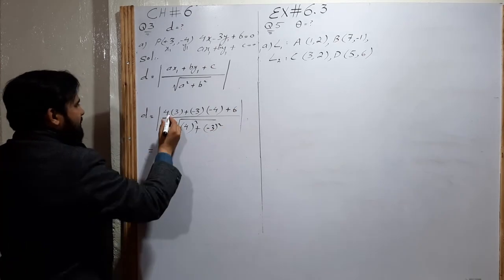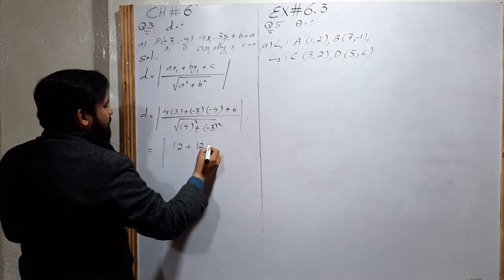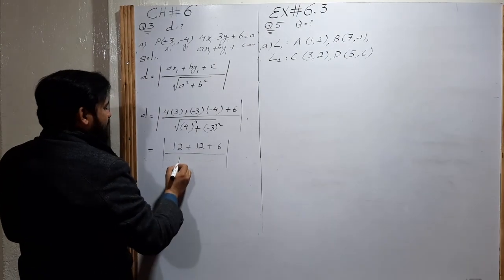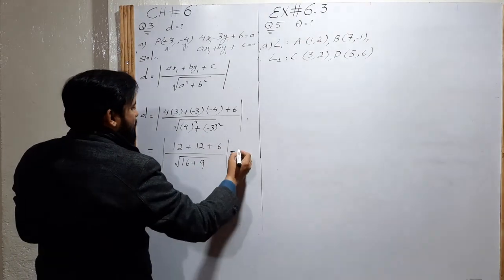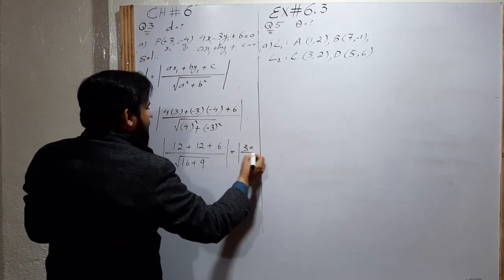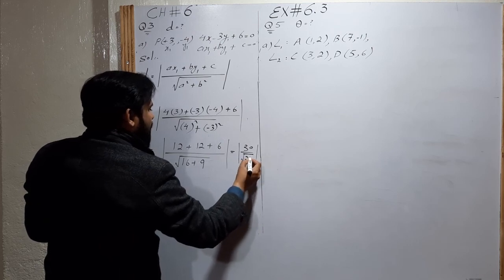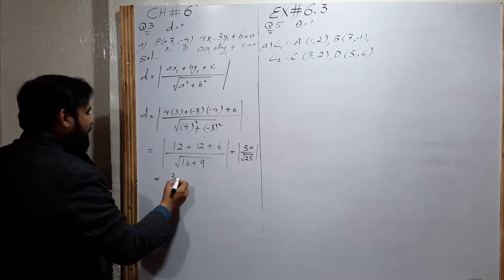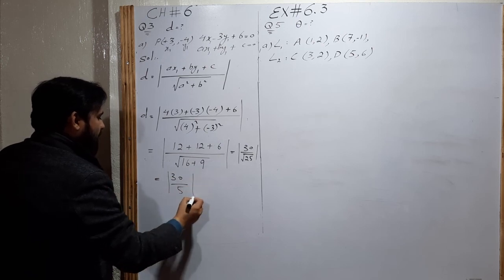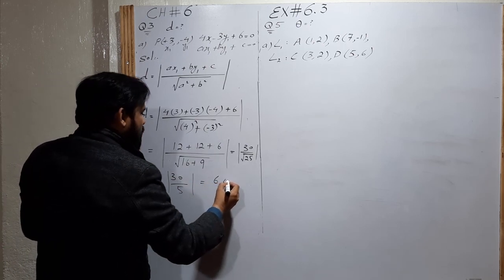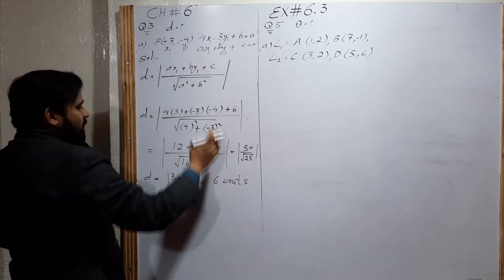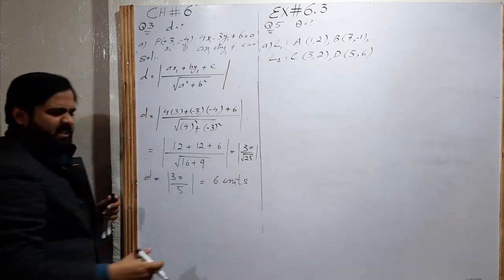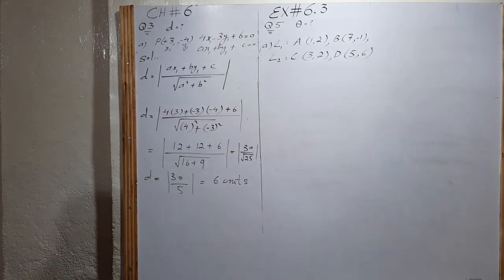After simplification this is 12 plus 6 divided by 4 square 16 plus 3 square is 9. So this is equal to 30 divided by the square root of 25. So this is 30 divided by 5. After simplification this is 6 units. It is the distance of a point from a line. 6 units could mean meters or centimeters, depending upon the system of measurement.